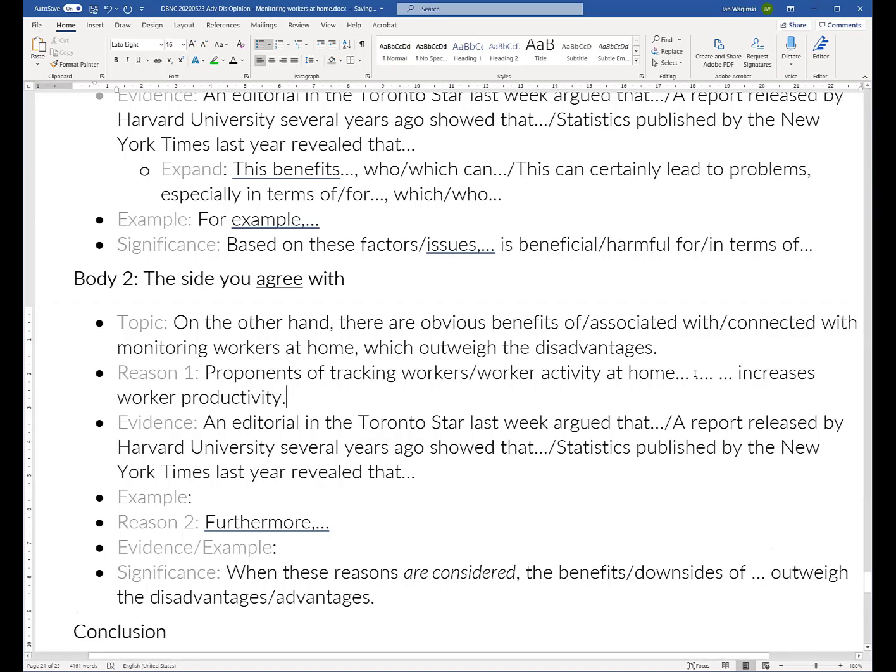Or yes. We're missing 3 words. Because it's not proponents increases worker productivity. Okay, so proponents of tracking at home with the software, with the... You're missing the beginning of the predicate.